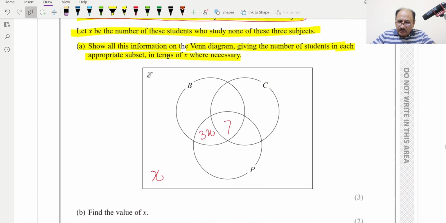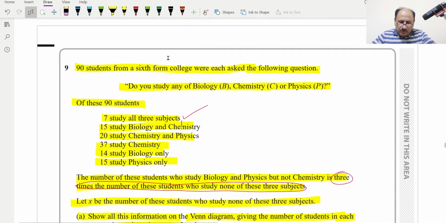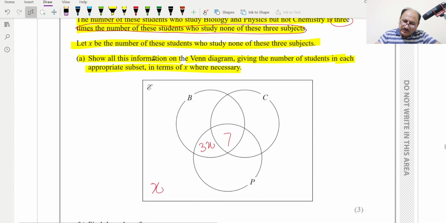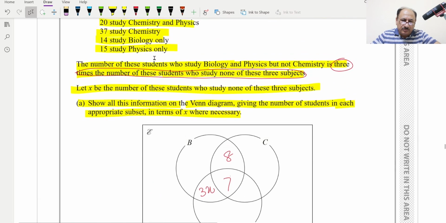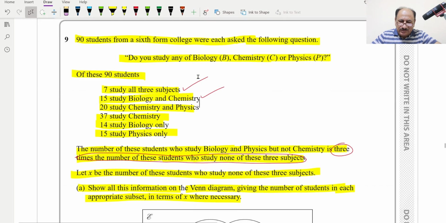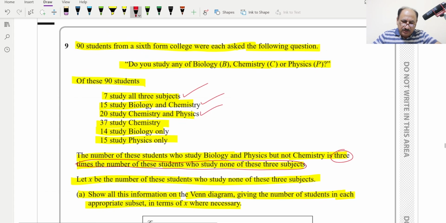Biology and chemistry is 7 we have already written, so the remaining will be 8, so this will be the 15. This information is also translated. Then 20 study chemistry and physics. So chemistry and physics is 7 already allocated, so 13 will make 20. This information is already done.